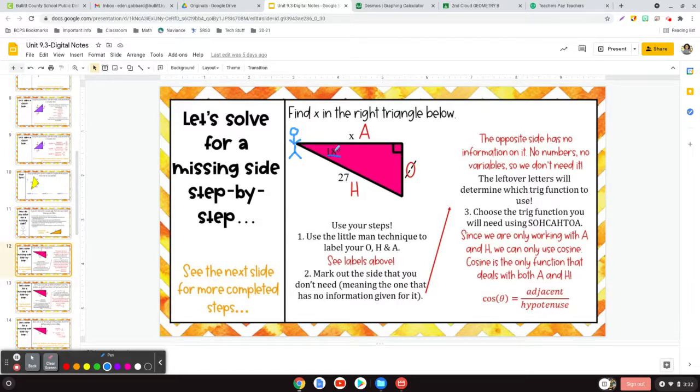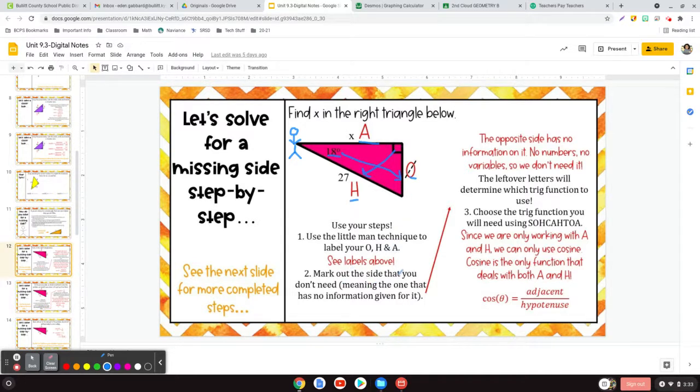According to this angle, what is straight across from it? It's our opposite. What is the side that's straight across from our right angle? It's our hypotenuse. And what's this third side? Well, it's our adjacent, by process of elimination. So we have everything labeled.